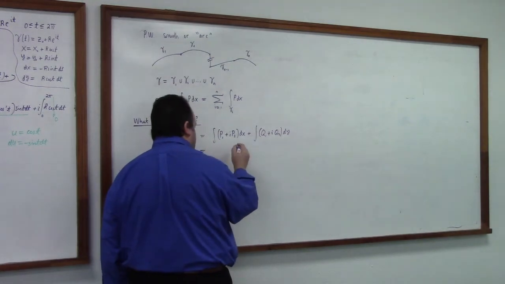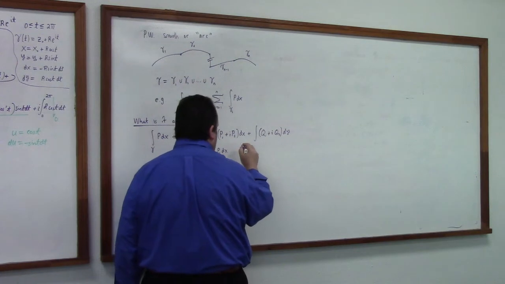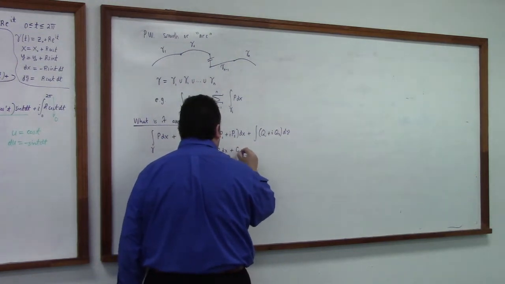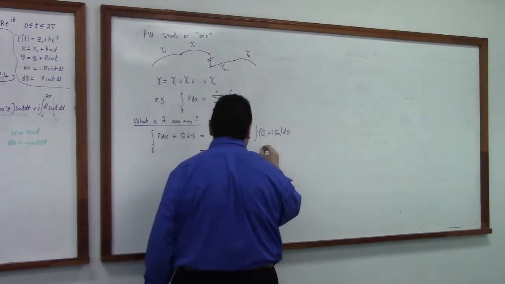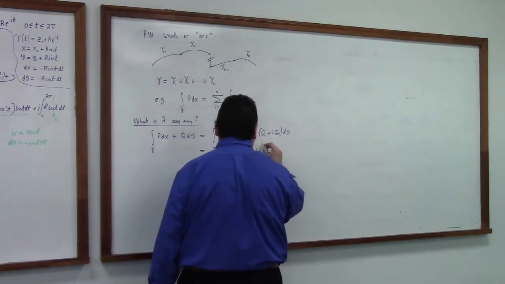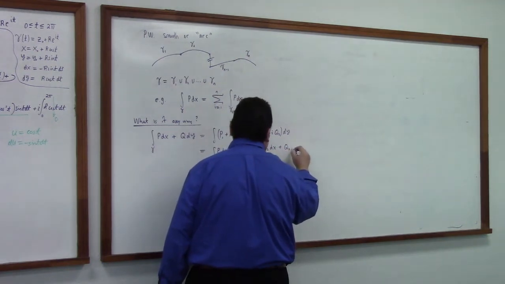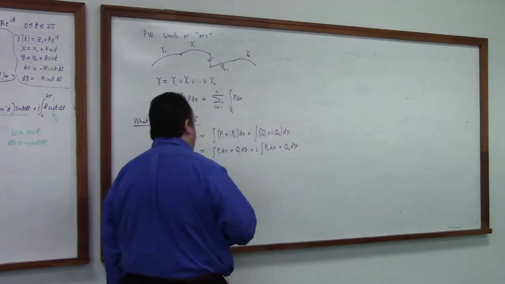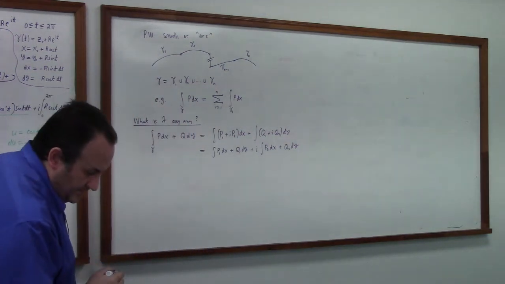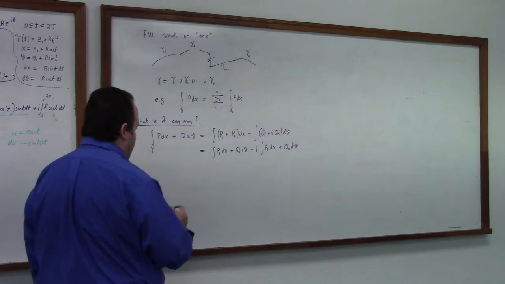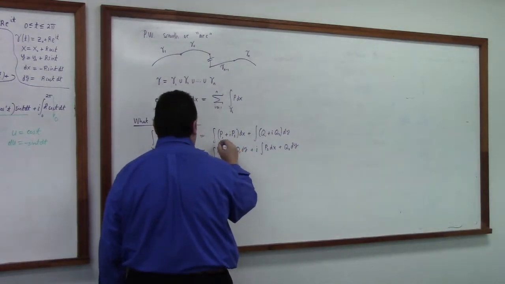So this ends up being the integral of p1 dx plus q1 dy, plus i times the integral of p2 dx plus q2 dy, all over gamma.